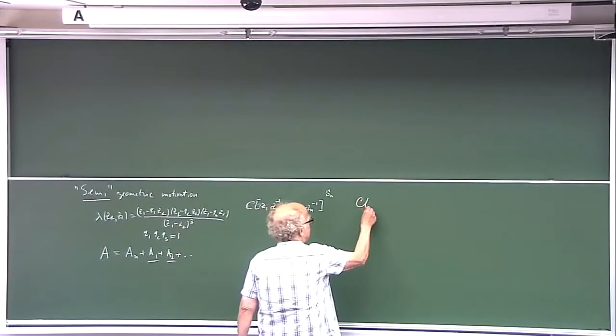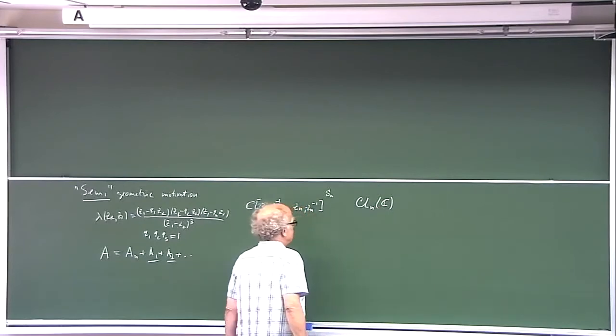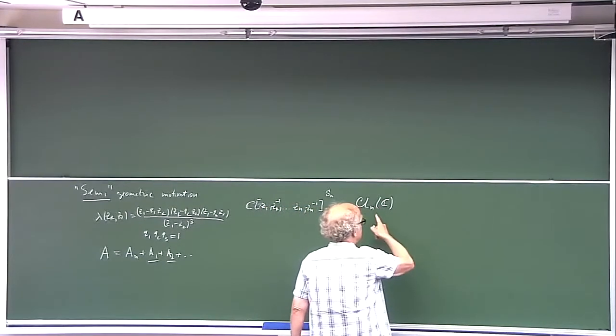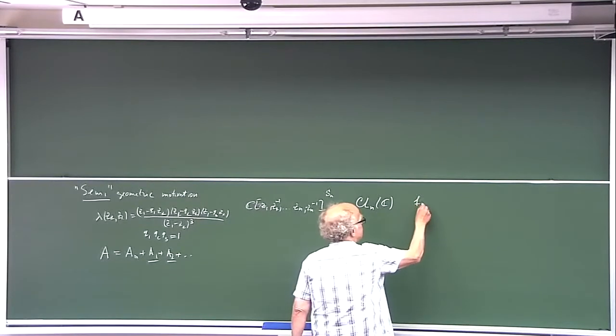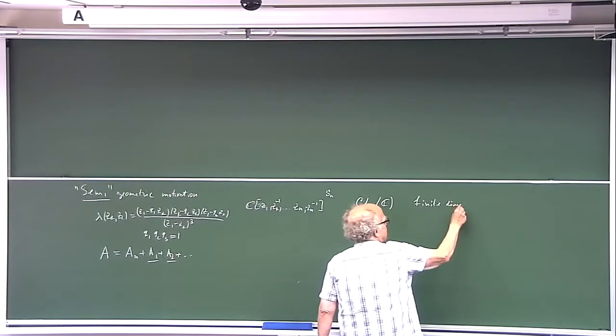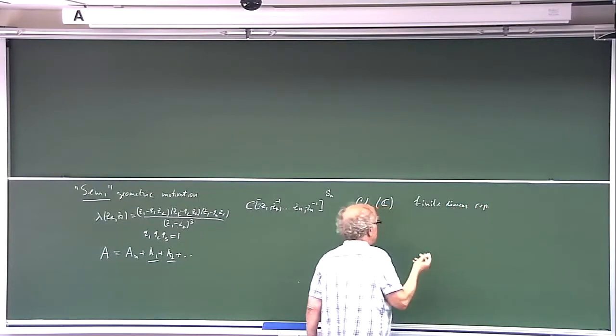We can take the group GL_d C, and we can consider the Grothendieck ring of finite dimensional representations.